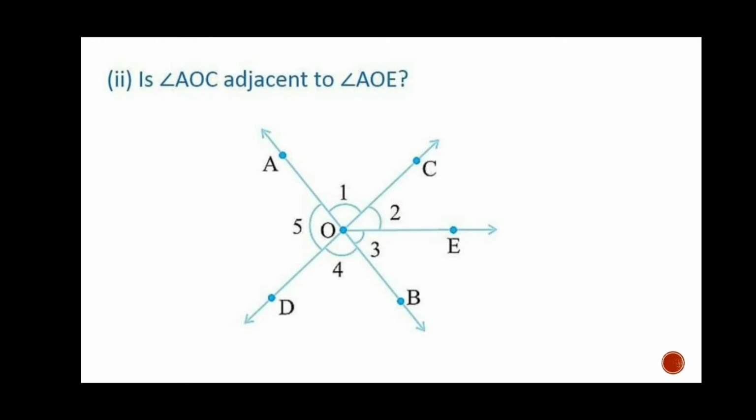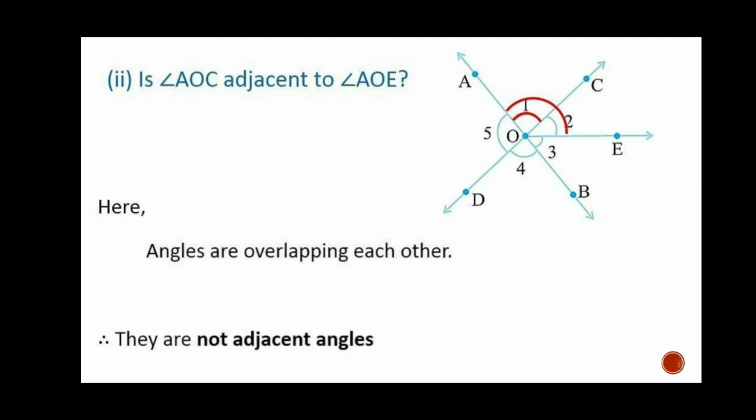So children, let's see whether angle 1 and this complete angle are adjacent or not. Here you can see that the angles are overlapping each other. Angle 1 is AOC and angle AOE is this complete angle. So they are overlapping each other, hence they are not adjacent.